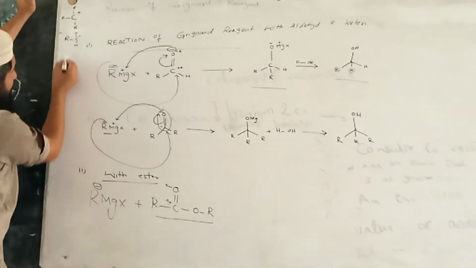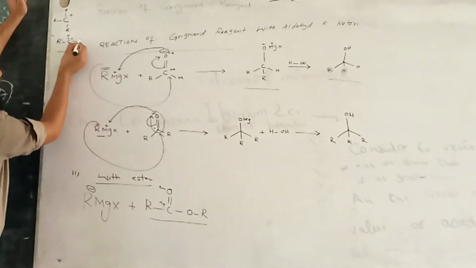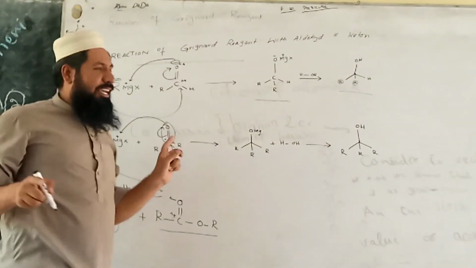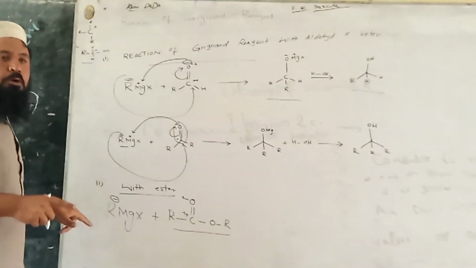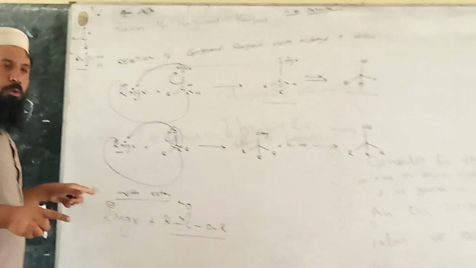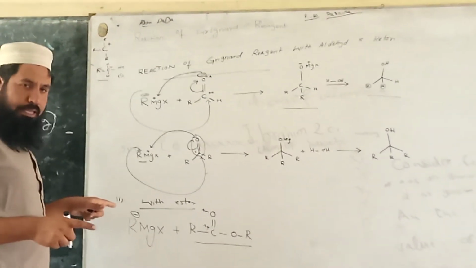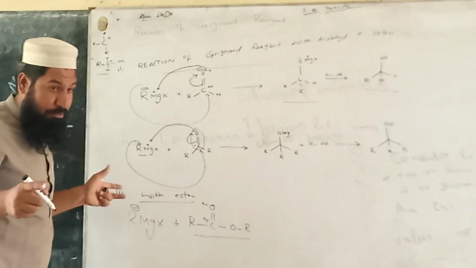This carbon is linked with the magnesium. So a magnesium-carbon bond is there, and this is a polar bond. Due to this polar bond, these are very reactive and react with many things, and as a result many substances can be produced.